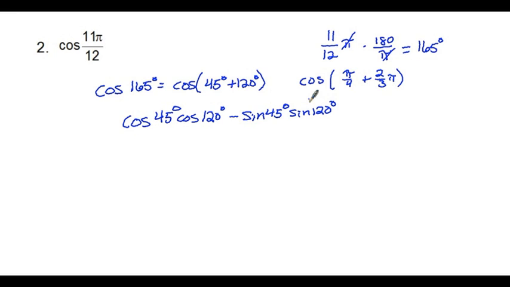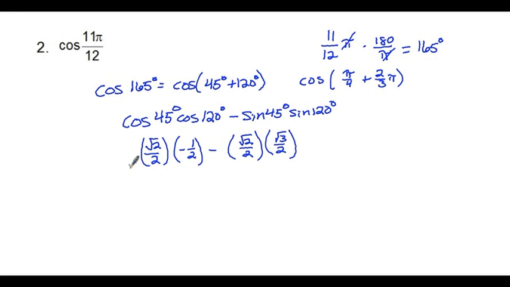Okay? So cosine of 45 degrees is the square root of 2 over 2. Cosine of 120 degrees is a negative 1/2. The sine of 45 degrees is root 2 over 2. And then the sine of 120 degrees would be root 3 over 2.